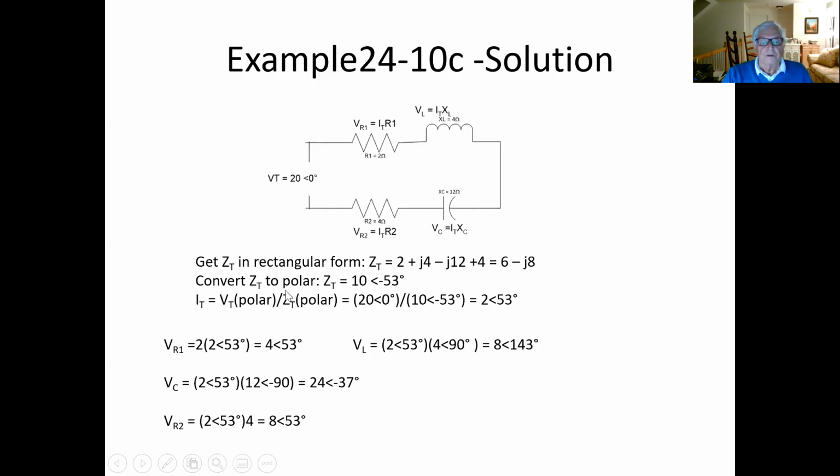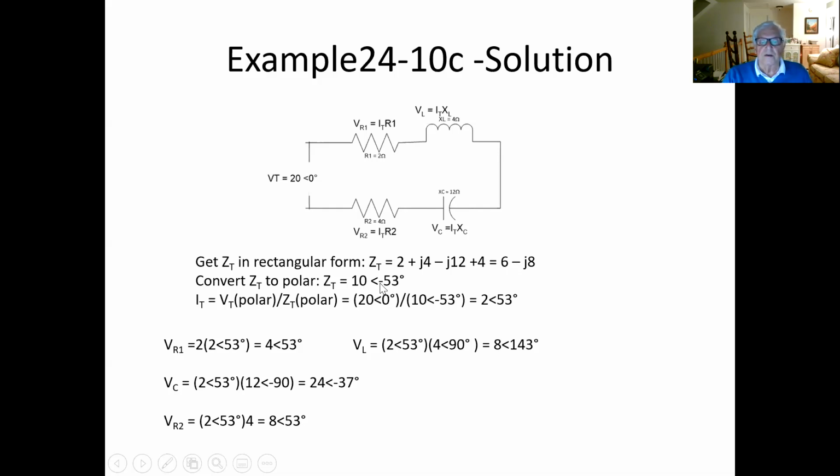So there's our rectangular form right there. 6 and 8 have a magnitude of 10, and the angle is the arctangent of minus 8 over 6, which is minus 53 degrees.